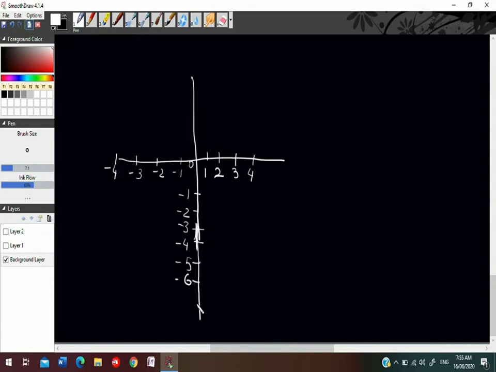Minus 6, minus 7, minus 8, and so on. And similarly, we give some values to the positive y-axis: 1, 2, 3, 4, 5, and 6. Now when you see the graph, what do we have?